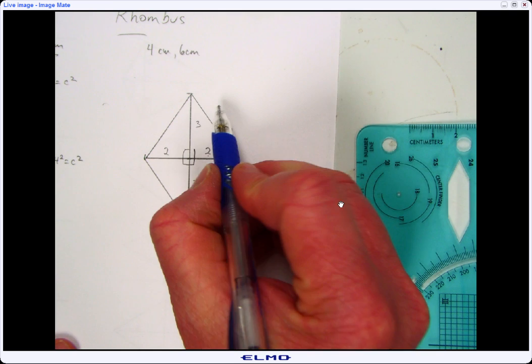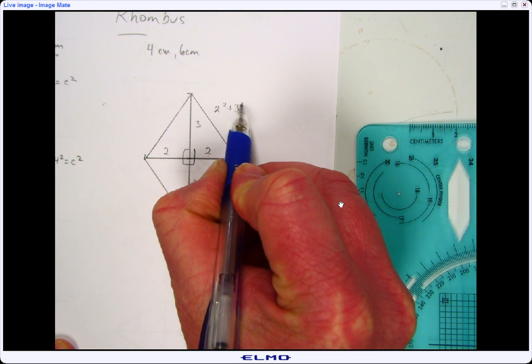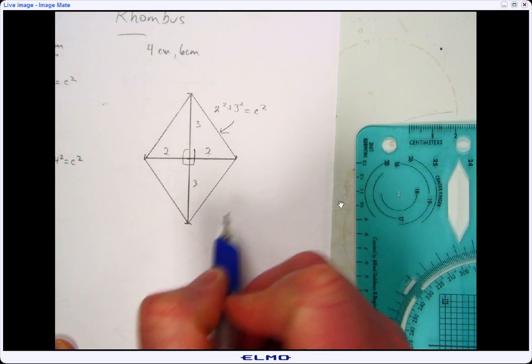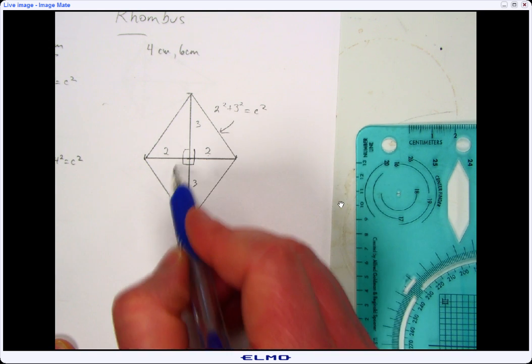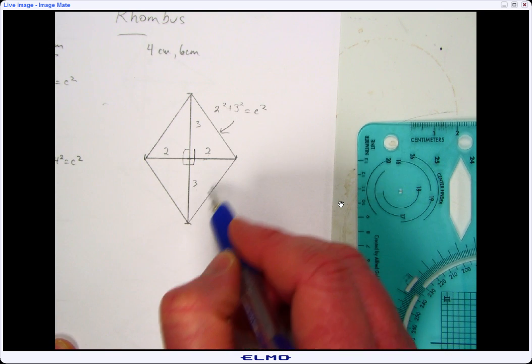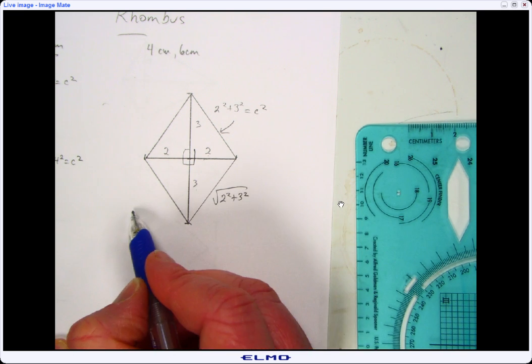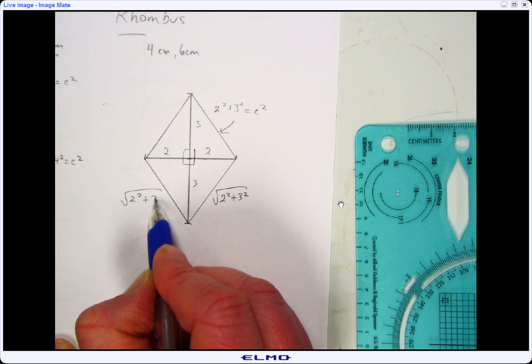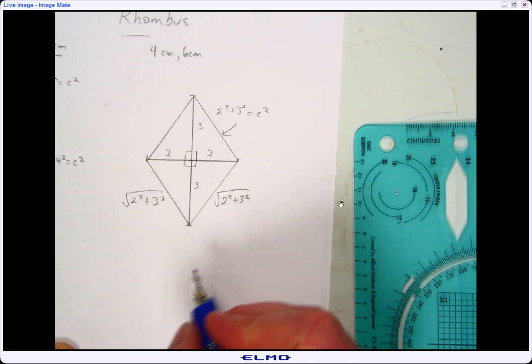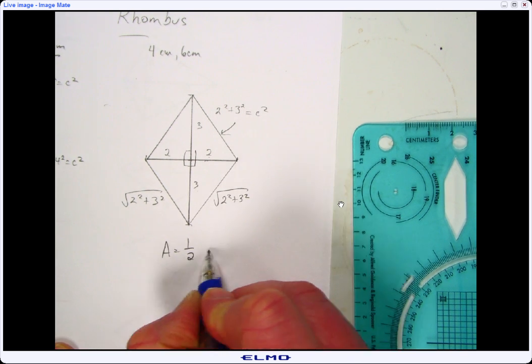A squared plus b squared equals c squared, and the c would be the square root there. And these are all going to be 3 squared plus 2 squared, because it's a rhombus. Okay, so the area is still 1/2 diagonal 1 times diagonal 2.